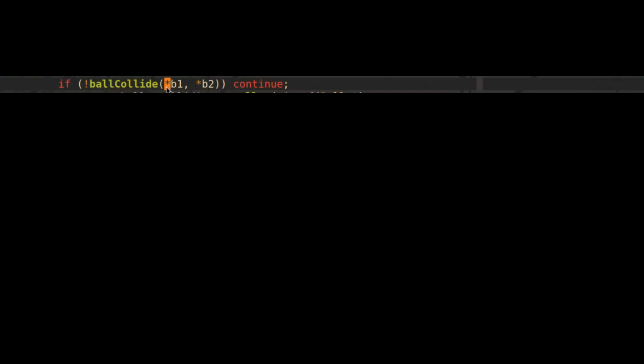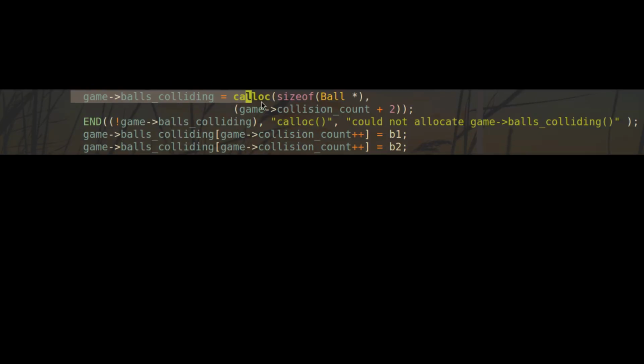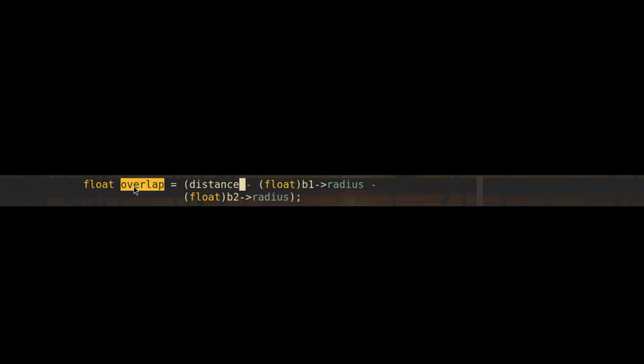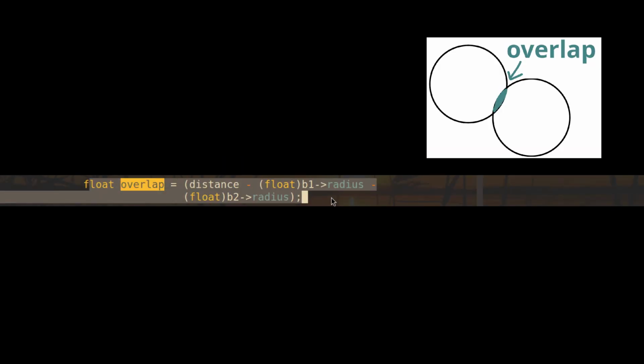So if the balls are colliding, ball 1 and ball 2, then we add it to the ball colliding array. And this is just us adding it to the array. And then we're going to get the distance between the 2 balls using the Pythagorean theorem. And then we're going to get the overlap between the 2 balls.